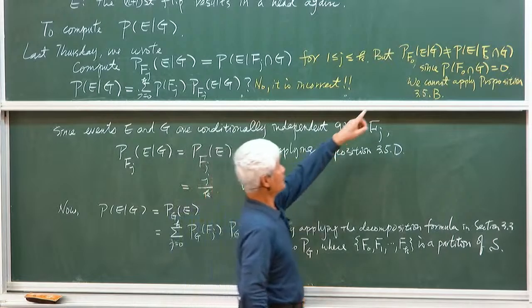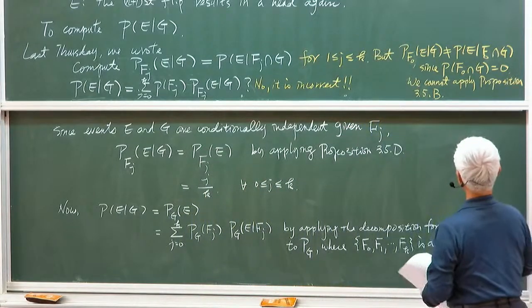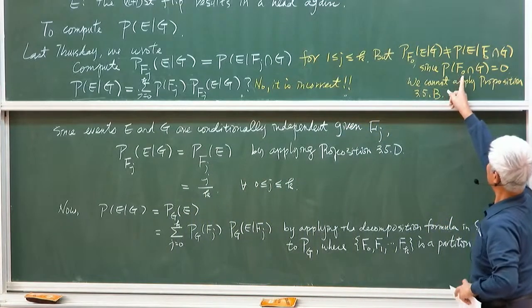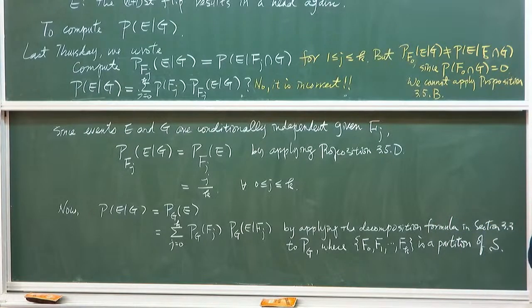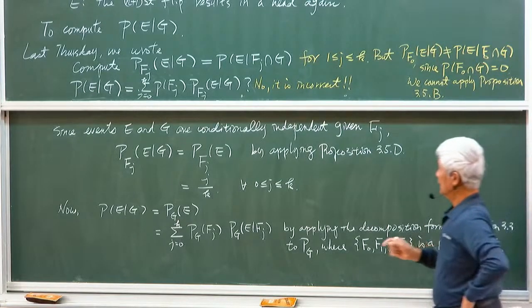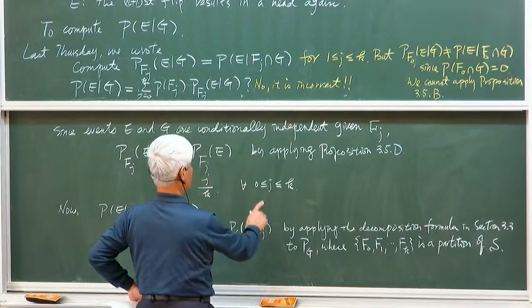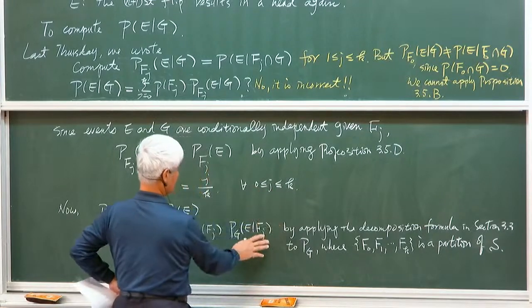But once again, if j equals 0, then this joint probability is 0. So you will get into trouble.